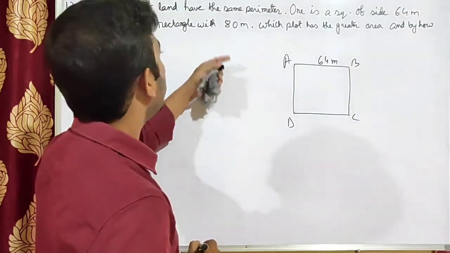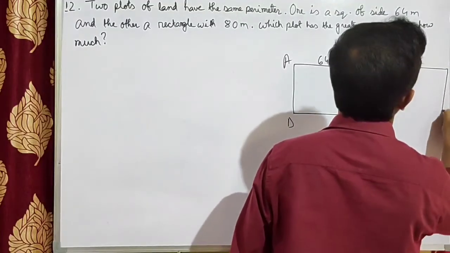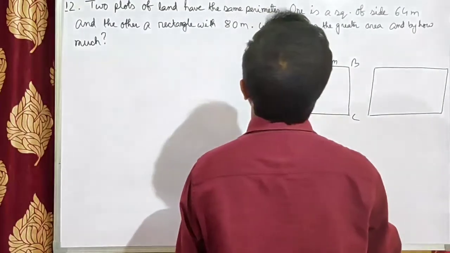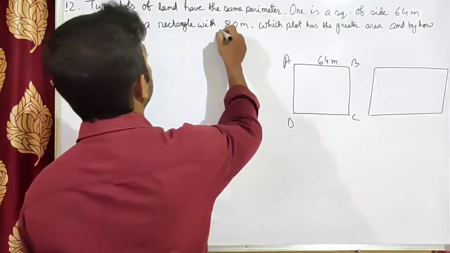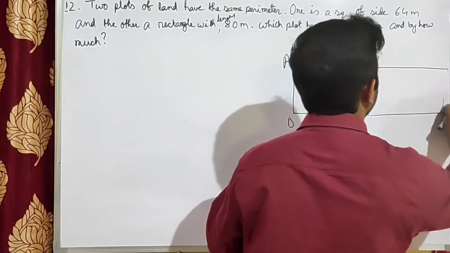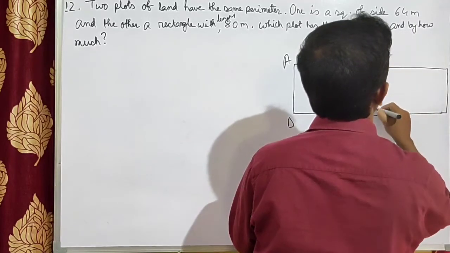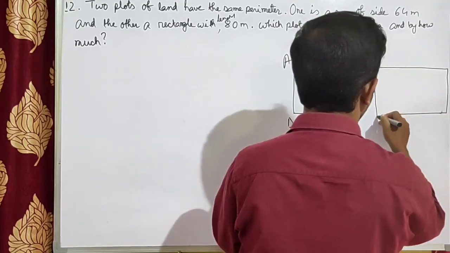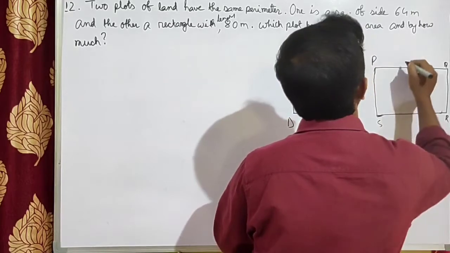And the other is a rectangle with length 80 meter. Suppose PQRS, its length is 80 meter.